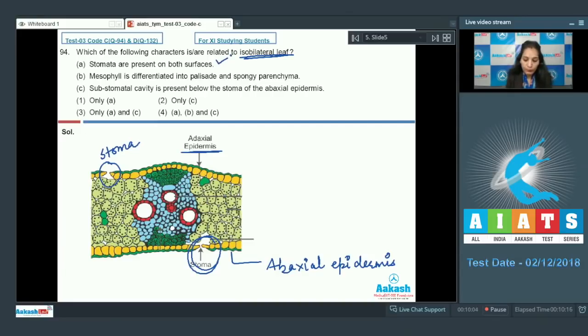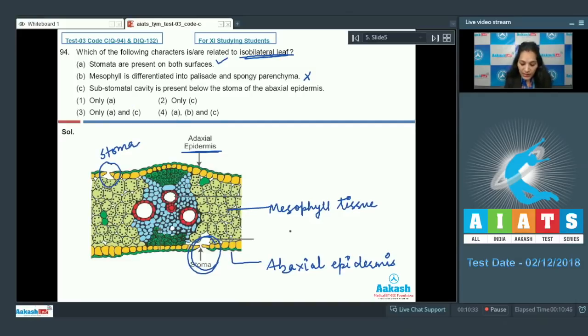It is true. This is the mesophyll tissue and you can see here it is not differentiated into palisade and the spongy parenchyma. It is the same all over. So this is mesophyll tissue which is not differentiated into palisade and spongy parenchyma. So this statement is incorrect.